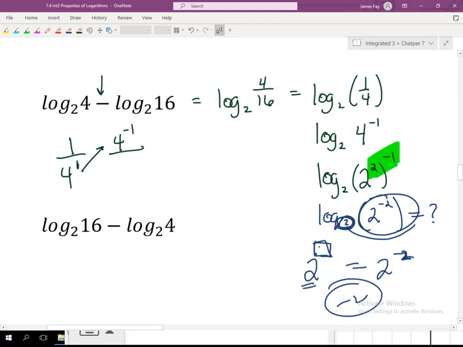And now my hope is that you can start to see the purpose of us working through things like laws of exponents and that sort of thing, because they are so pivotal in working with logarithms. They are pivotal in working with radicals.